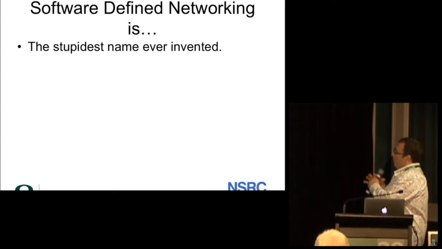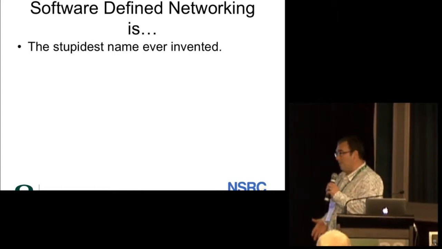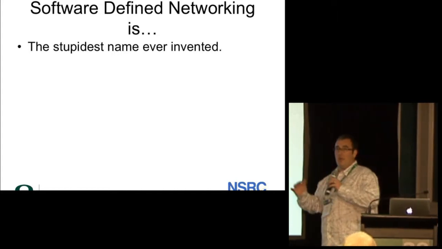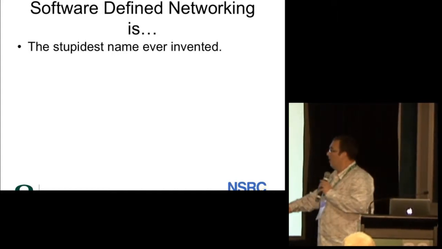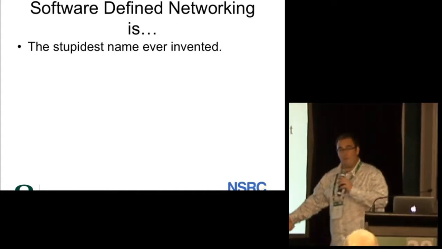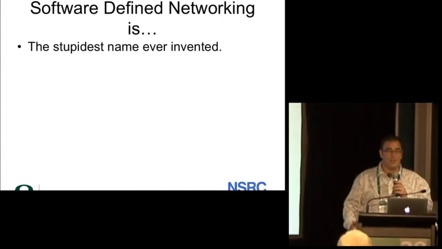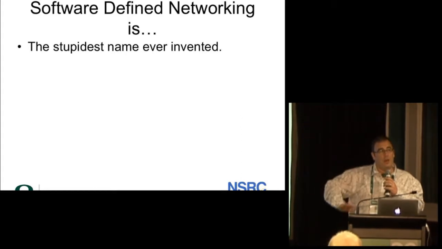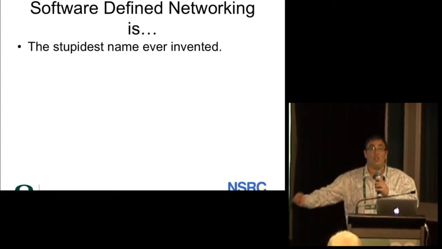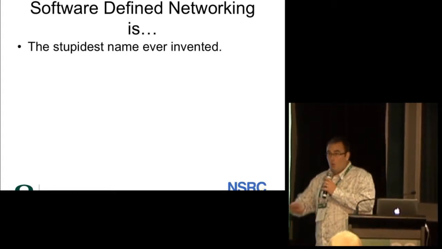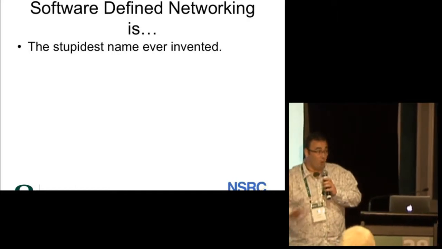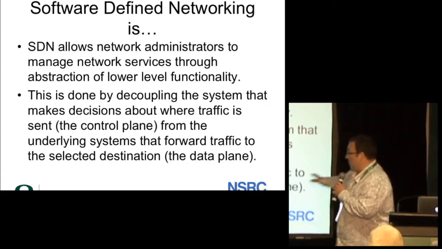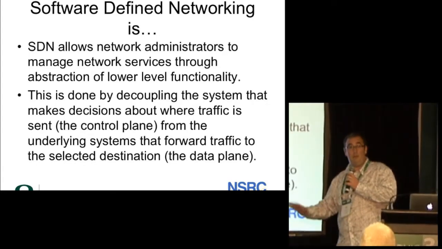So what it is, the easiest way to explain this, is it's a way of splitting everything about your network in half. It's a way of decoupling the system that makes decisions about where the traffic is sent from the actual parts of your network that deal with actually getting it there. So all of the hardware that actually forwards the packets, takes it from that port to that port, that's down at the data plane, all right?